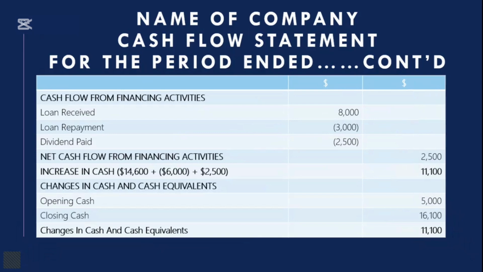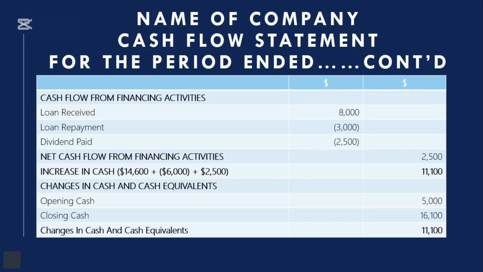We have our loan received of 8,000, part loan repayment of 3,000, so that's a negative, and dividends paid of 2,500. So therefore, our net cash flow from financing activities will be 2,500 overall. And then afterwards, our increase in cash, as we would see, that same 14,600 from before, minus our 6,000 plus 2,500 from financing activities, gives us 11,100.